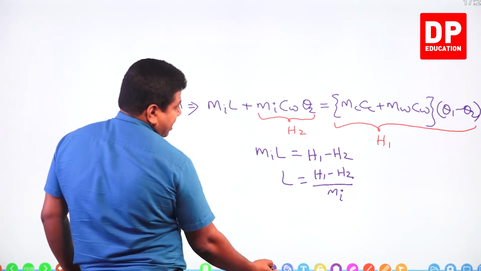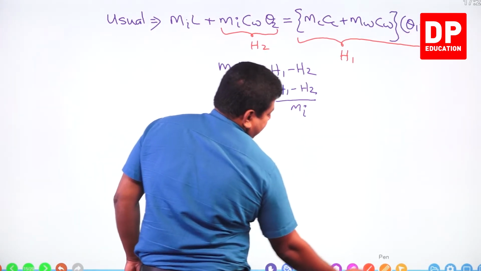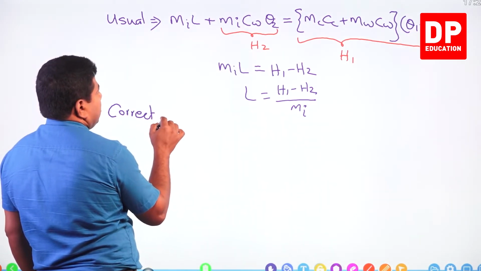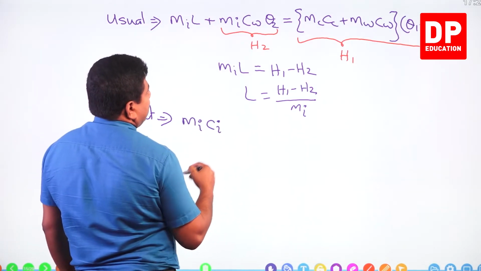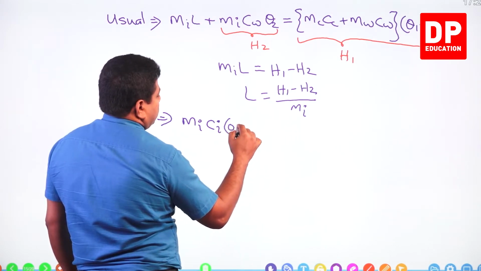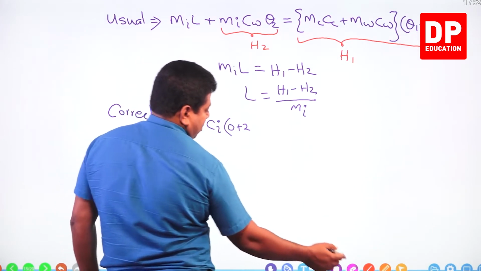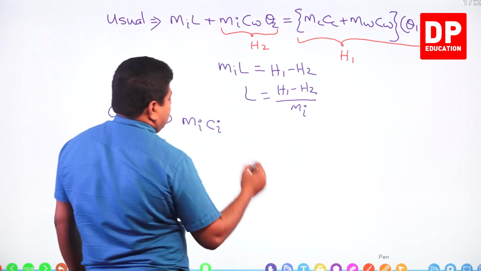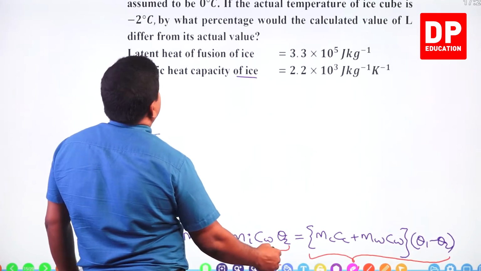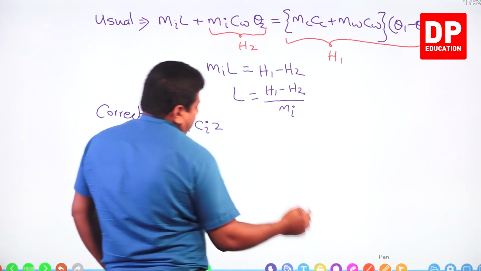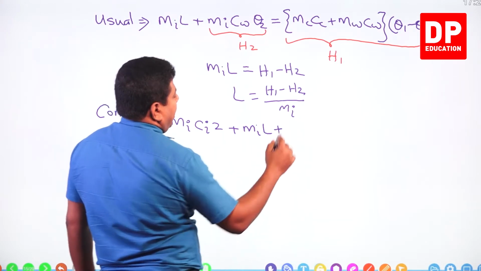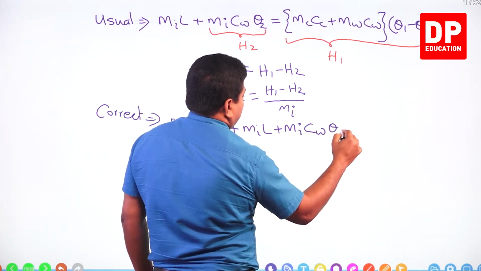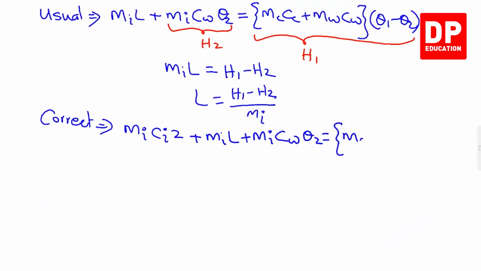So the correct way of doing this will be M_i C_i into 0 minus minus 2, that is 2 degrees, plus M_i L plus M_i C_w into theta 2 equals M_c C_c plus M_w C_w into theta 1 minus theta 2.